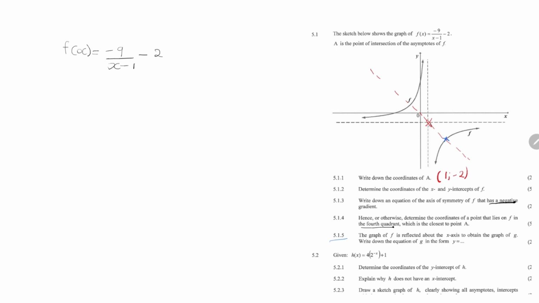So in this question, we're told that the graph of f, this one, is reflected about the x-axis to obtain graph g. There are two rules that we need to understand: if we reflect about the x-axis, what do you do?